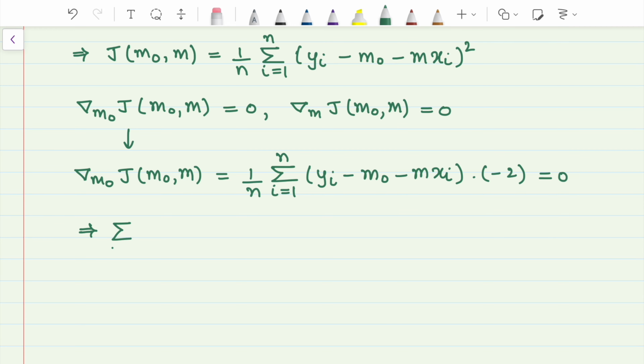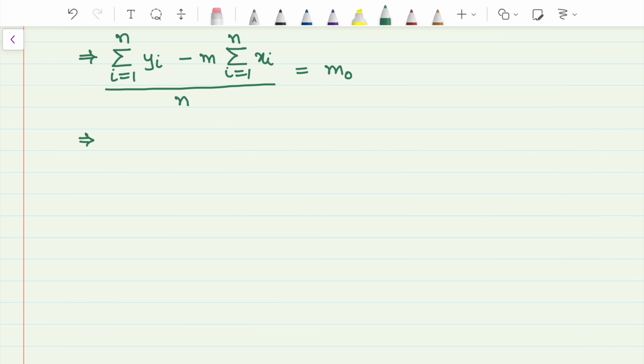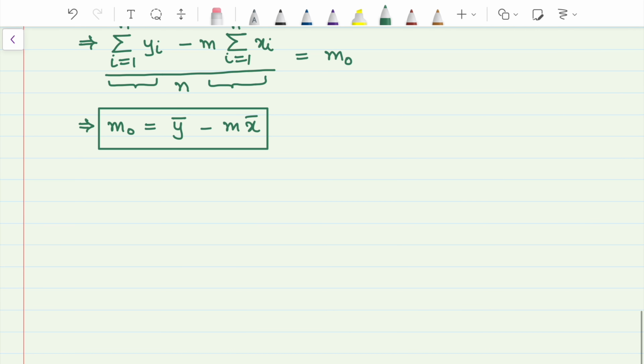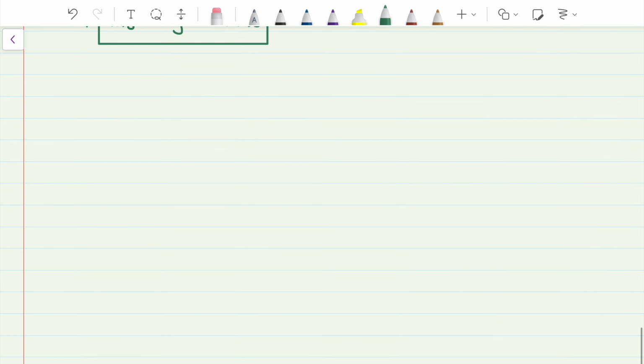As we can see, this can be simplified to summation of yi/n minus m times summation of xi/n is equal to m0. Here, summation of yi/n would be y bar, where y bar is the mean of all yi's, and summation of xi/n would be x bar, where x bar is the mean of all xi's.